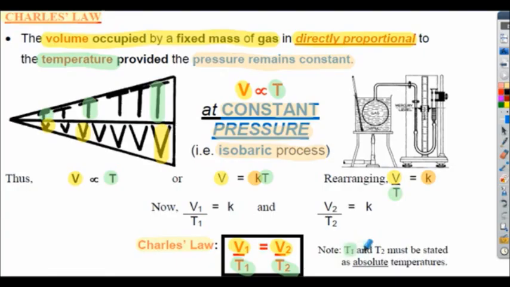We must remember though that T1 and T2 are absolute temperatures. They must be stated in Kelvin, essential when applying the gas laws. Let's now consider an example of Charles' law on the following slide.